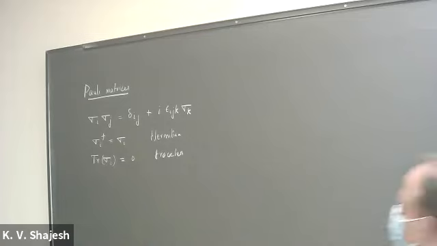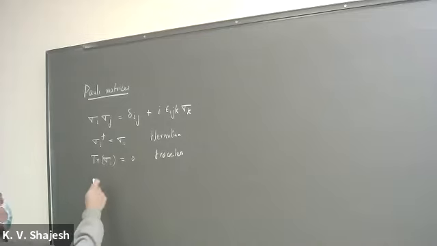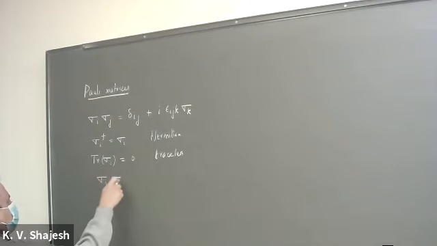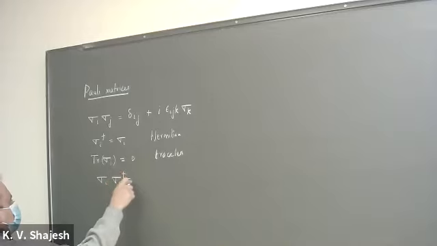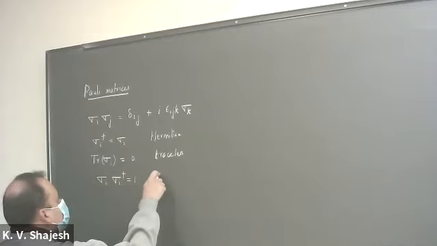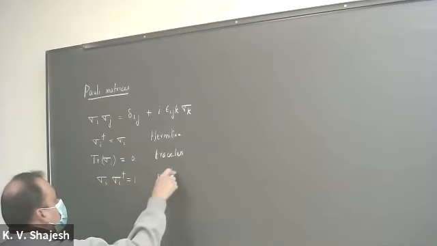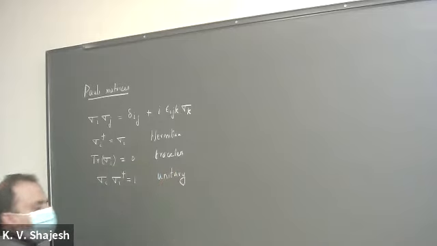So sigma_i sigma_i dagger is equal to 1, which means that sigma dagger is equal to the inverse of the matrix, and that means this is unity. So Pauli matrices are Hermitian, traceless and unitary, all three of them.